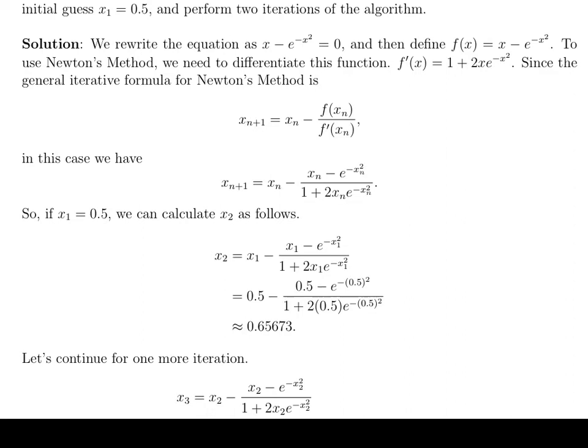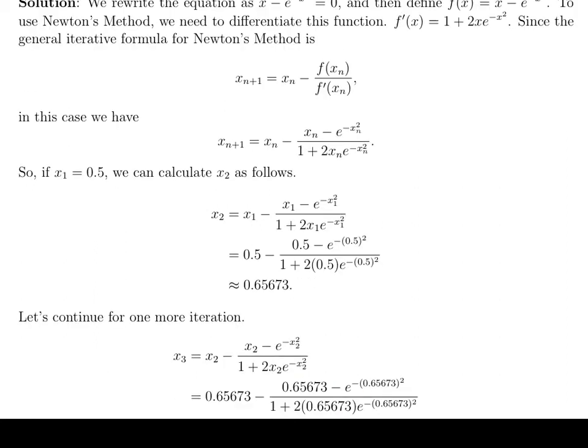And then we've gone ahead and written out here what f of x2 and f prime of x2 are. So now, in place of the x2 that we see everywhere in here, we're going to put in the value that we computed previously. Each time we run the algorithm, we compute a number, and then that's the value that gets plugged in to get the next number.